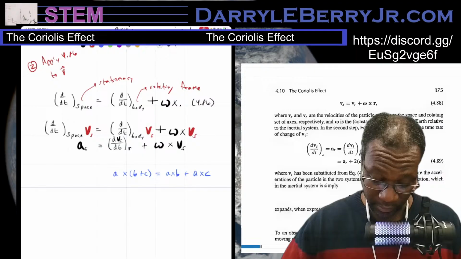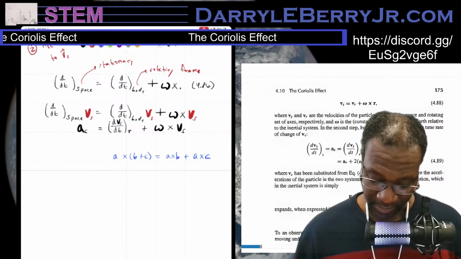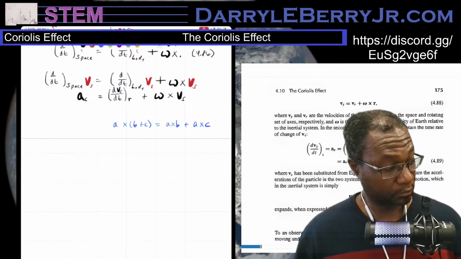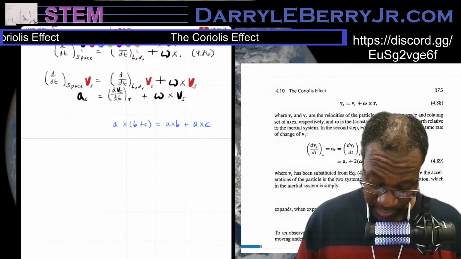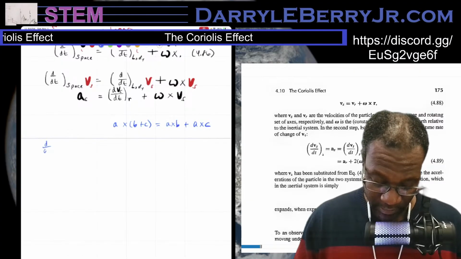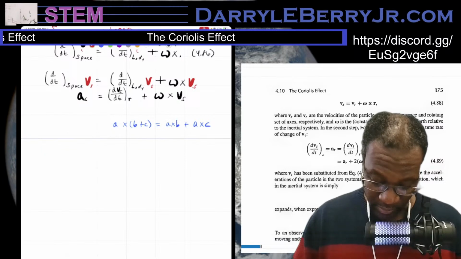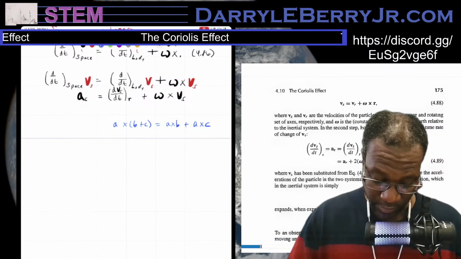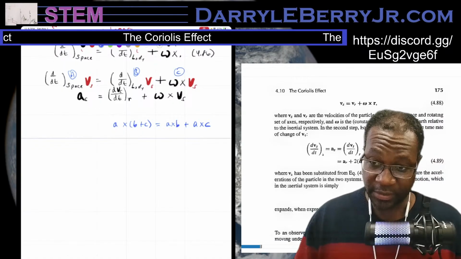Should be an S here. So badly drawn S. So I'm taking d/dt of all of that. What I'll do, let me call this A. I'll call this B. Call this C.